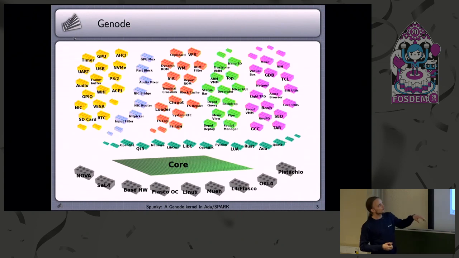Then on top of that, you have several applications. These green bricks here are native applications that run natively on Genode. For instance, there are depot query and depot deploy, which are tools for the package management that Genode brings. Or the Sculpt manager, which is a managing component for a desktop system.